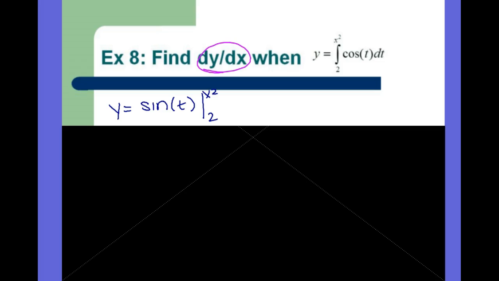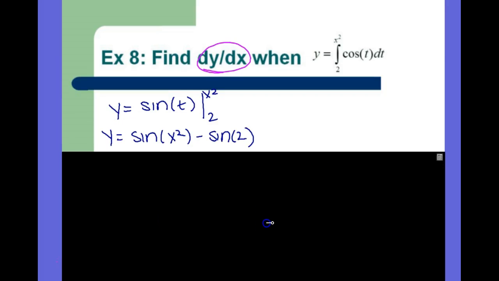So, the fundamental theorem of calculus says, find your antiderivative, plug in the upper, subtract the lower. So you get y equals sine x squared minus sine 2. But am I looking for y? I'm looking for the derivative.